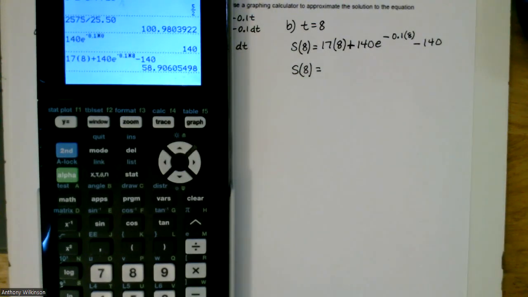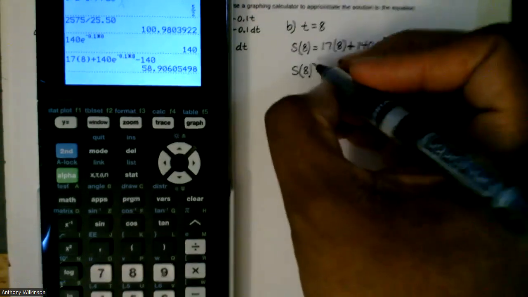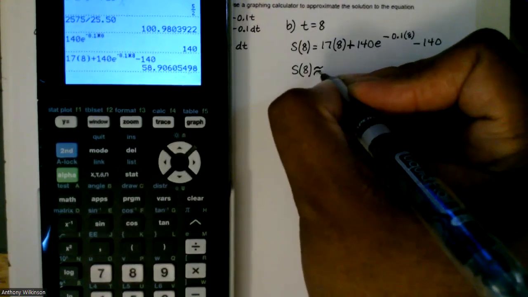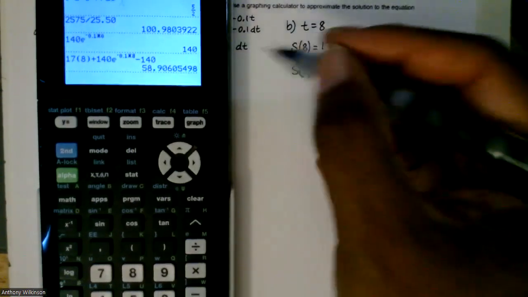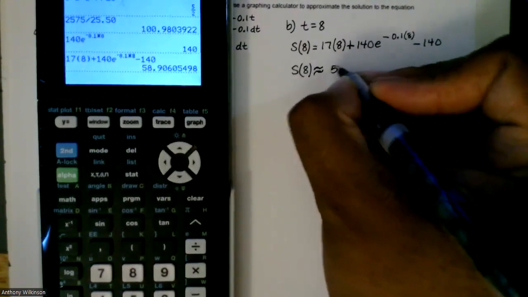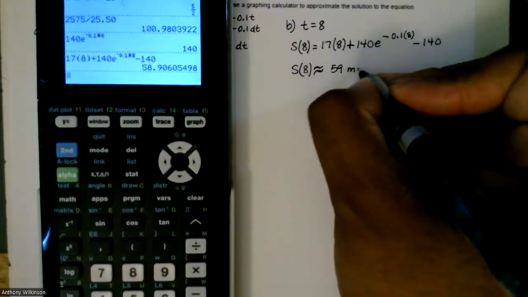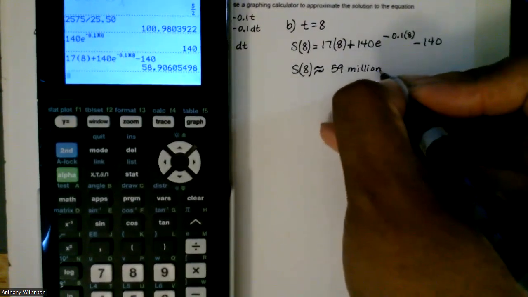Okay. Now, this is going to be, of course, in millions of dollars as indicated in the problem. So if I round this off to the nearest whole number, then in this case, it would be approximately 59, and it's going to be in $1,000,000.